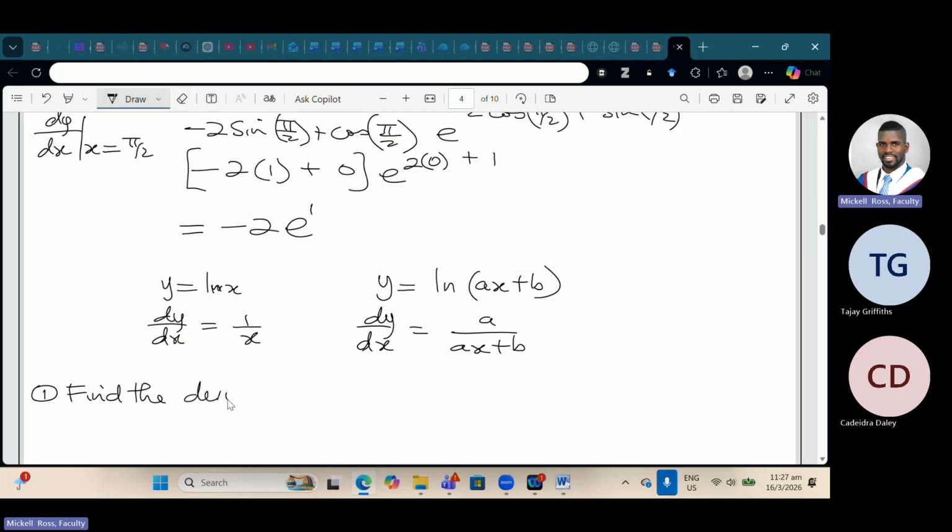Find the derivative of y is equal to ln of 3x plus 4. All right, try that one for me. Let me see what you come up with.